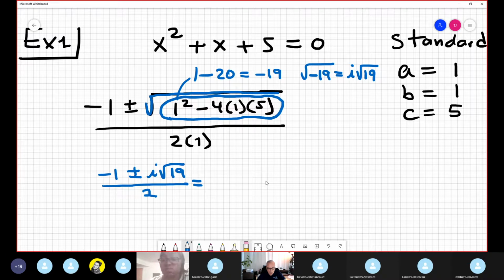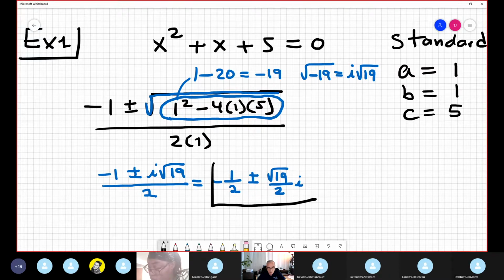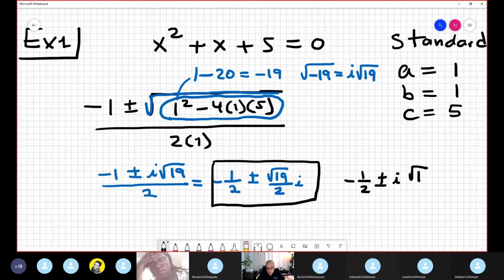You separate it, for example: the real part is negative 1/2, and the imaginary part is radical 19 over 2, times i. Okay. Some people prefer expressing it in a different way: negative 1/2 plus or minus i radical 19 over 2.